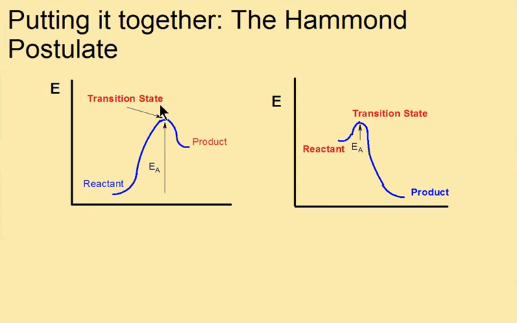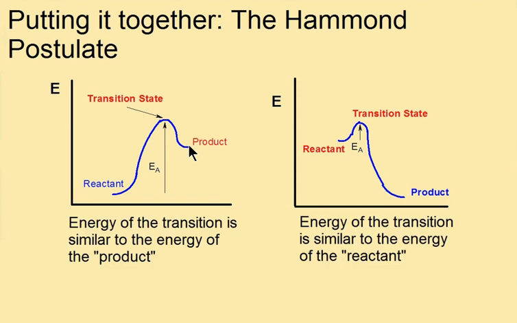So here's our first step, which is endergonic in nature, and our second step, which is exergonic in nature. Looking at the energy of the transition state compared to the product or reactant, which of course is really just the carbocation intermediate, notice that in the first step the energy of the transition state is more similar to the energy of the product than it is to the energy of the initial reactants.